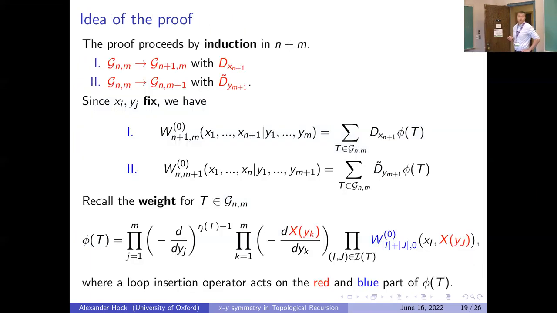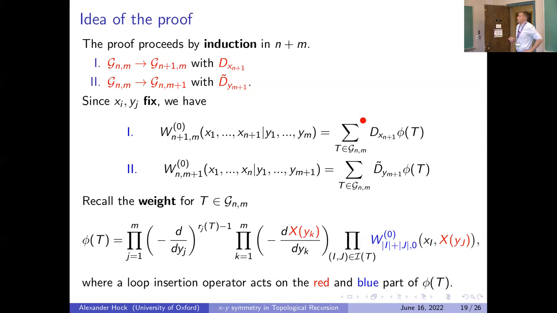And okay, how does the proof work? The idea of the proof is, of course, to proceed by induction in n plus m. So either we go from the set G_{n,m} to G_{n+1,m} with this operator dx_{n+1}, or G_{n,m} to G_{n,m+1} by d tilde y_{m+1}.